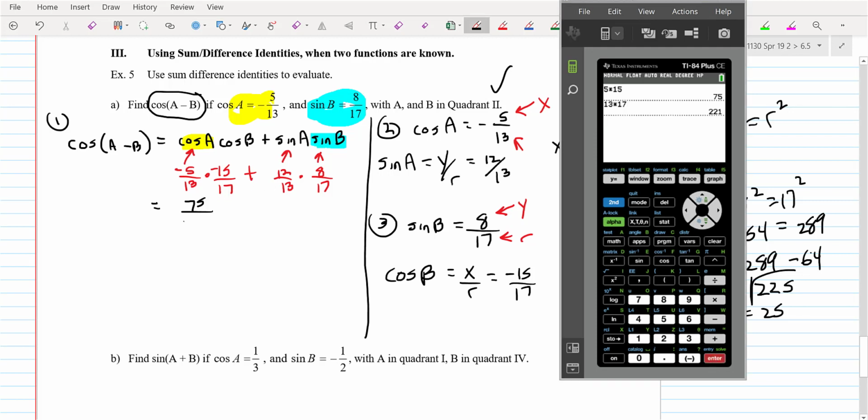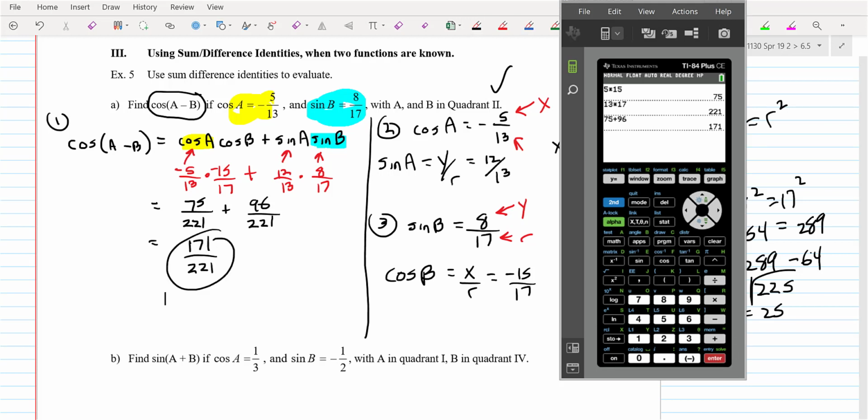So that'll give 221. And then the next one, I think 12 times 8 is 96. 13 times 17 again is 221. So now you can just take 75 plus 96. And the answer of the problem would then be 171 over 221.